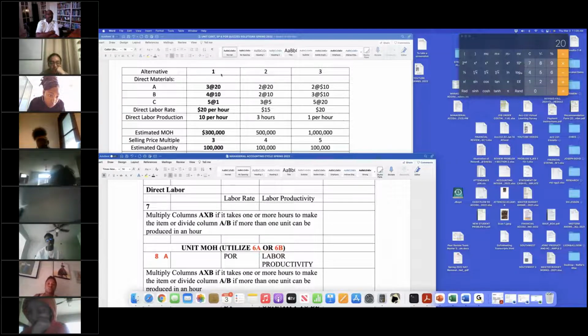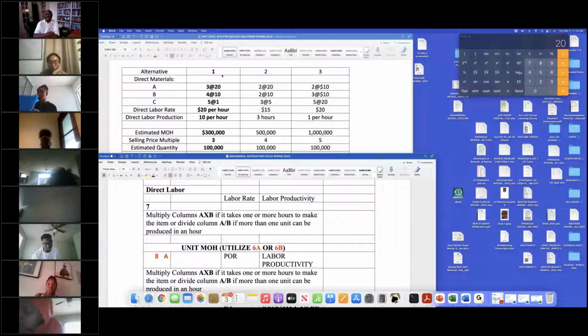I want you to tell me what's the unit cost. I want you to tell me what is the selling price. And I want you to get to me the POR eventually. But right now, I'm simply concerned about the unit cost and the selling price given this information.